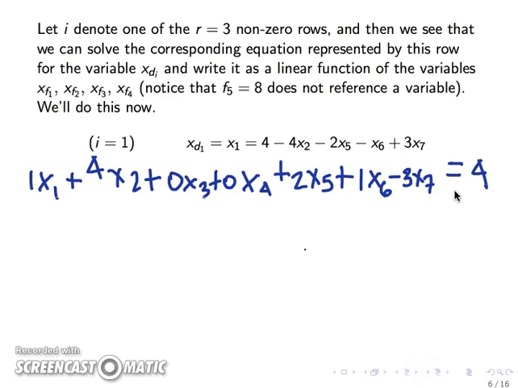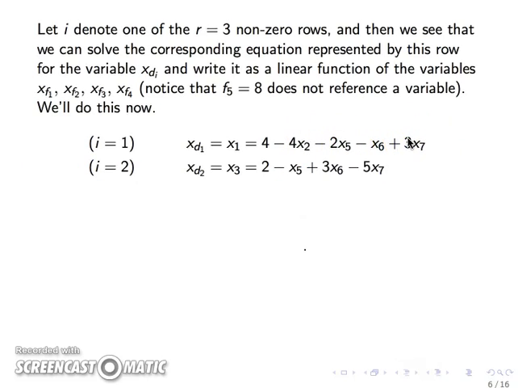So from this expression, we can solve for x1. By solving for x1 in this expression, you can easily see how it is possible to express x1 in terms of variables that have indices on that set that we're calling capital F. So in this case, those are x2, x5, x6, and x7. Now, for the next index on the set D, the next index would be D sub 2, which in this case is the index number 3.